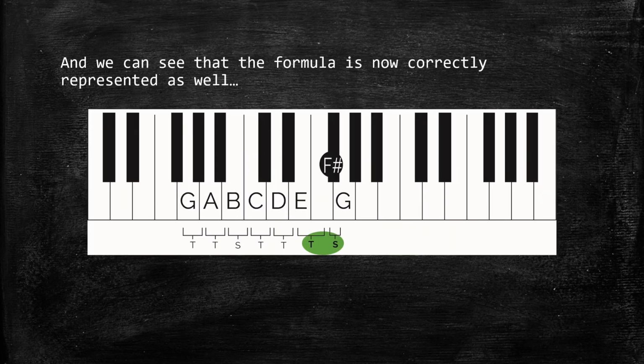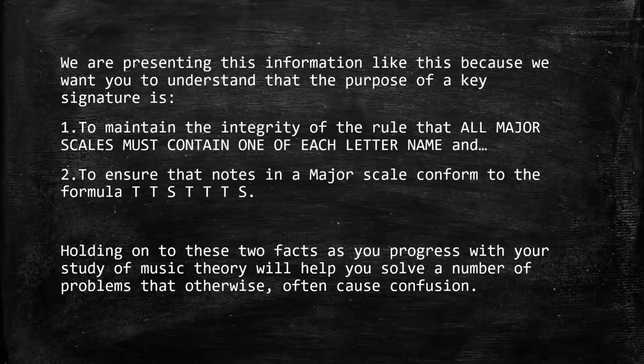And we can see that the formula is now correctly represented as well. Tone, tone, semitone, tone, tone, tone, semitone. We're presenting this information like this because we want you to understand that the purpose of a key signature is, 1, to maintain the integrity of the rule that all major scales must contain one of each letter name, and 2, to ensure that notes in a major scale conform to the formula tone, tone, semitone, tone, tone, tone, semitone.